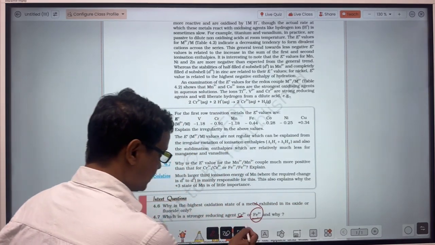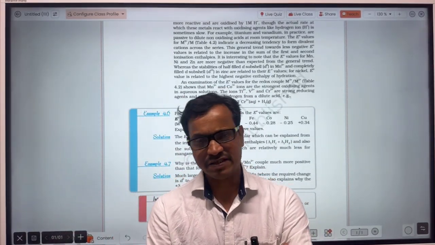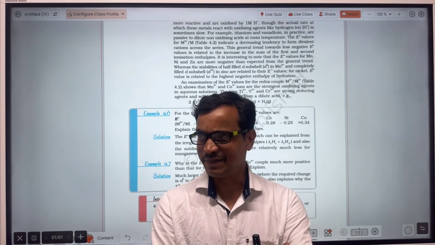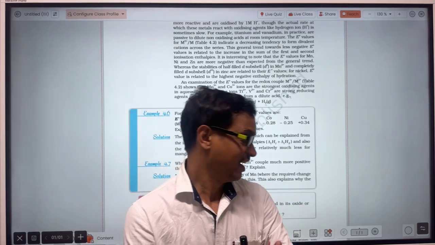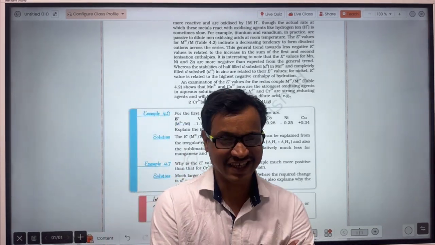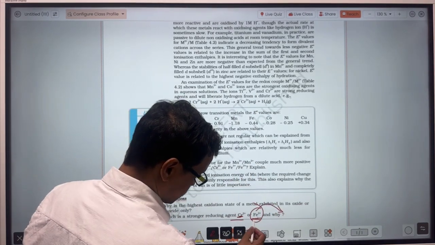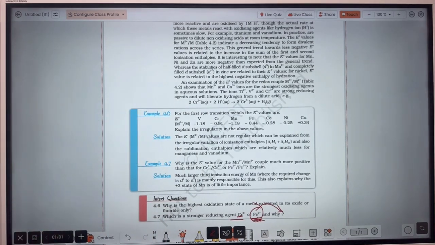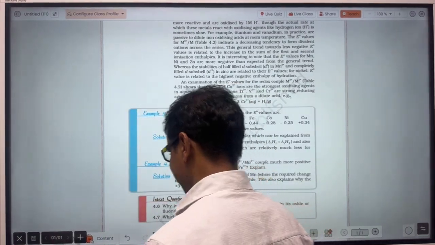In Cr2+, the t2g energy level will be stable, but it will not provide as much stability as the half-filled d orbital of Fe provides. That's why Fe2+ will go to +3 oxidation state, so it will act as a stronger reducing agent. That means Fe2+ will act as a stronger reducing agent compared to Cr2+.